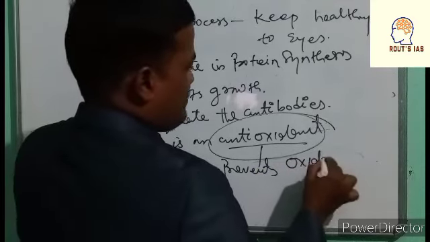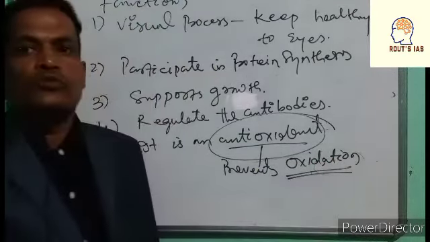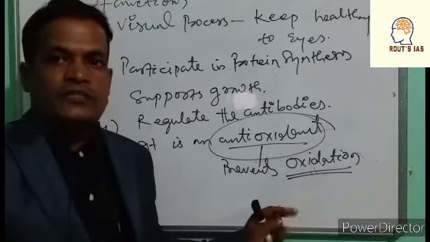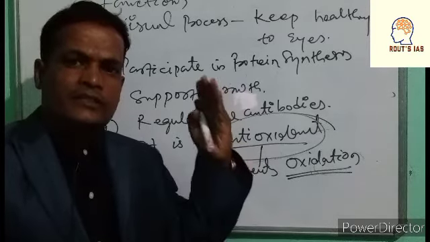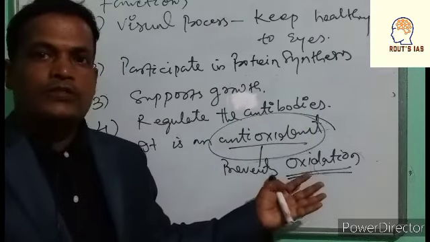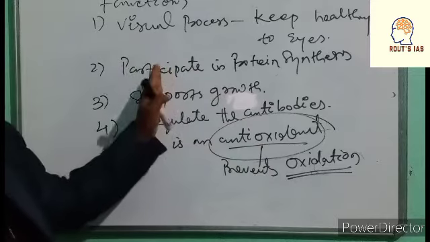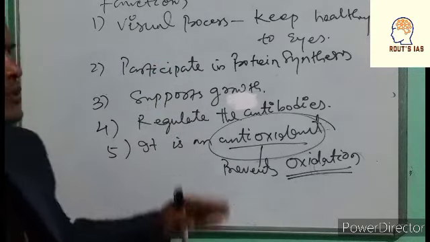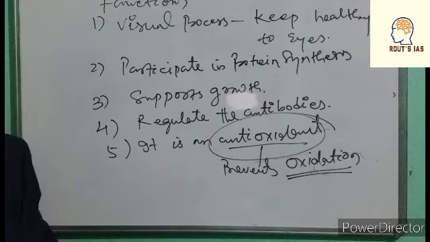If oxidation is prevented, then our aging process will be slowed down, thereby increasing the lifespan of the cells. So these are the functions: visual process, participating in protein synthesis, supporting growth, regulating the antibodies, and acting as an antioxidant. These are the 5 basic, very important functions.